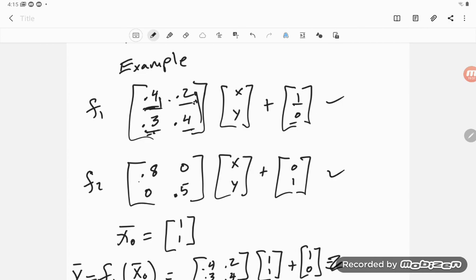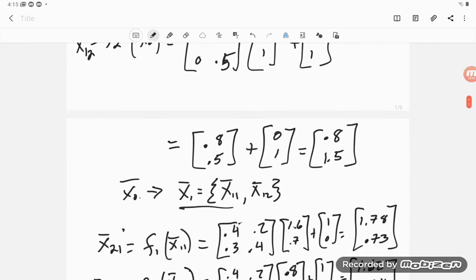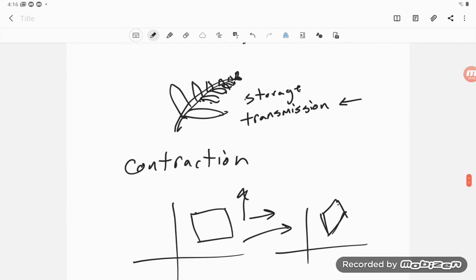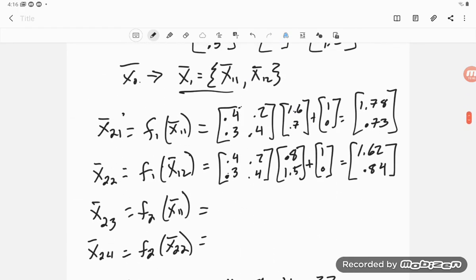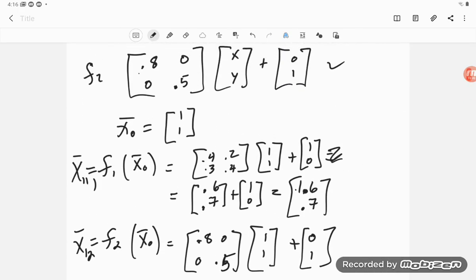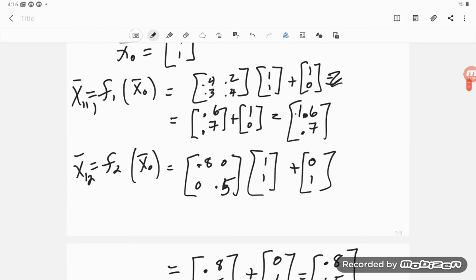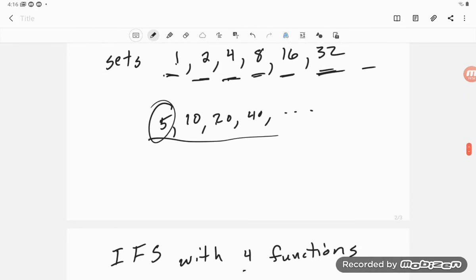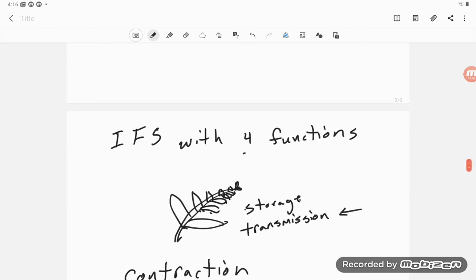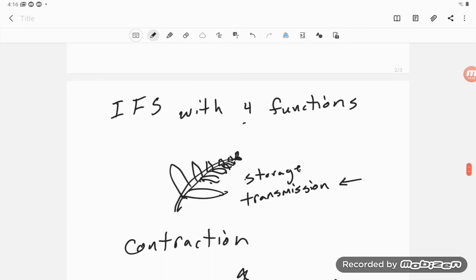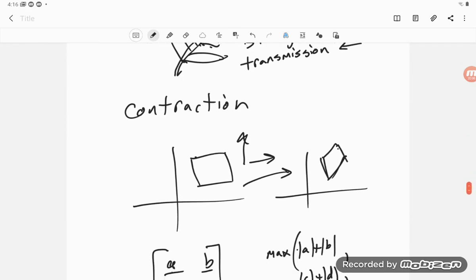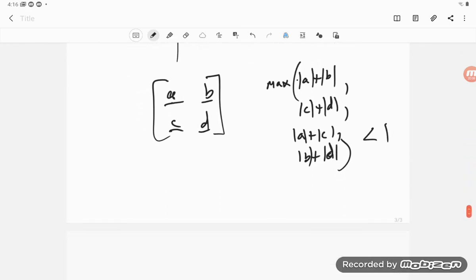Definitely less than 1, so that is a contraction mapping. So there we go. That's how I knew they would be contractions. And what they make, I have no idea. It may not be anything recognizable. It may not be anything interesting. But they are contraction mappings, and therefore we call them, under that context, an iterated function system, in their case, with two functions. Okay, so that's iterated function systems.